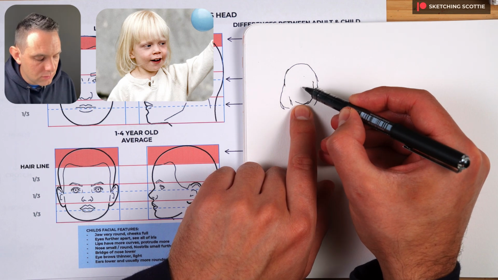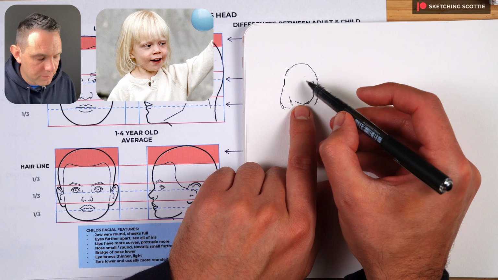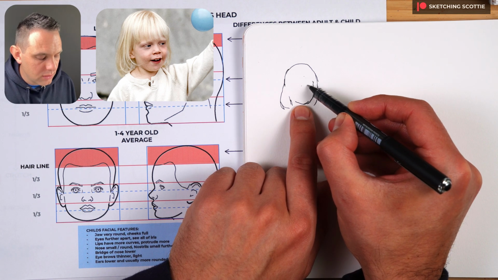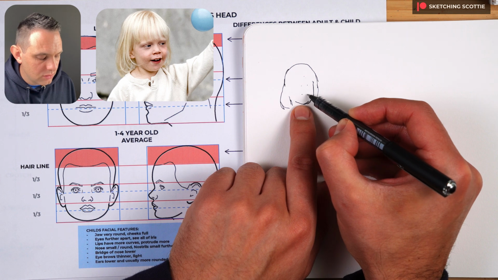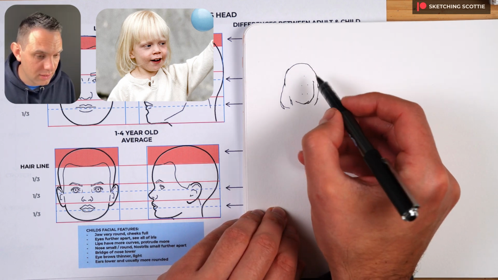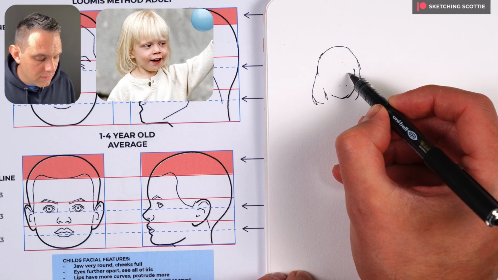And therefore we need to put the 2 dots between those points. So we'll have the brow here and the nose here. So it's a lot lower than I would have on an adult head. So now we can draw the brow, like this.